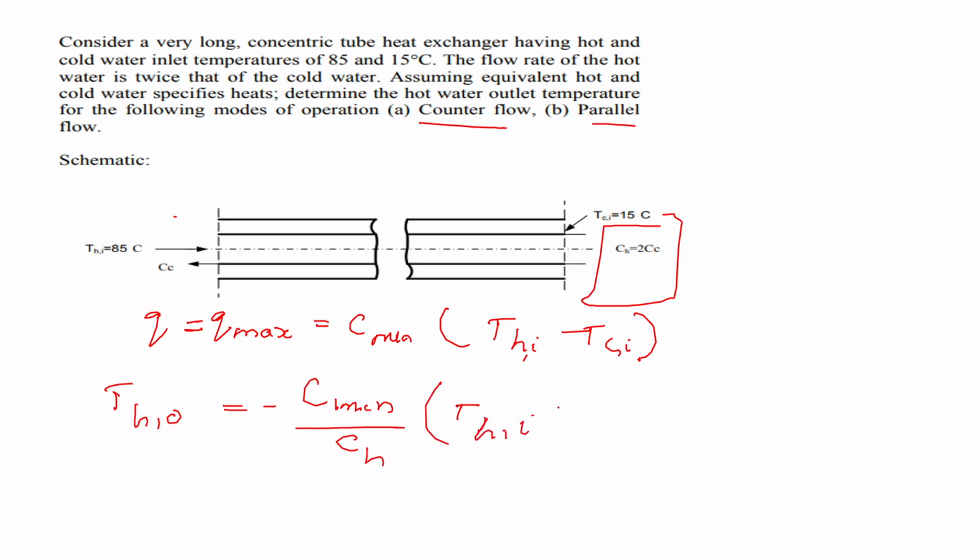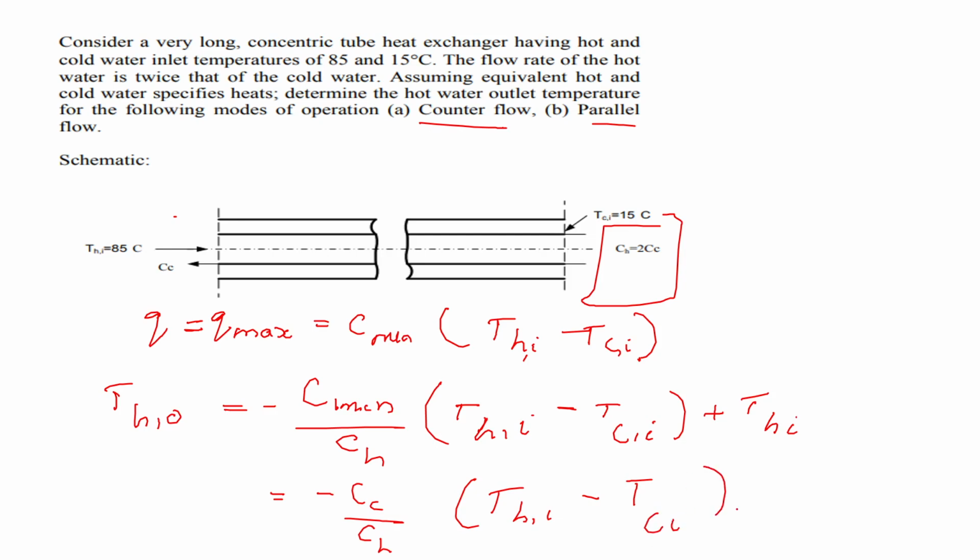This formula we already discussed in the last class. So you can write it as minus C_c divided by C_h times (T_h,i minus T_c,i), then plus T_h,i. And you have to substitute the numerical values, which are already given in the problem.